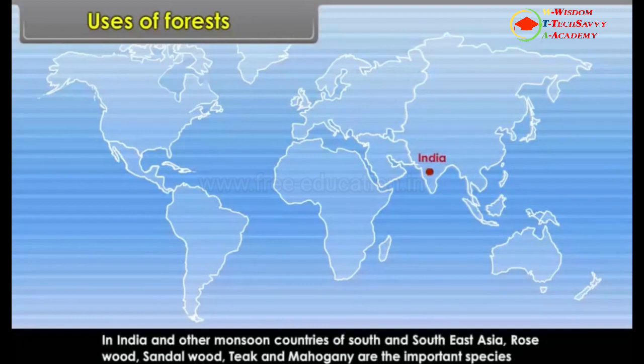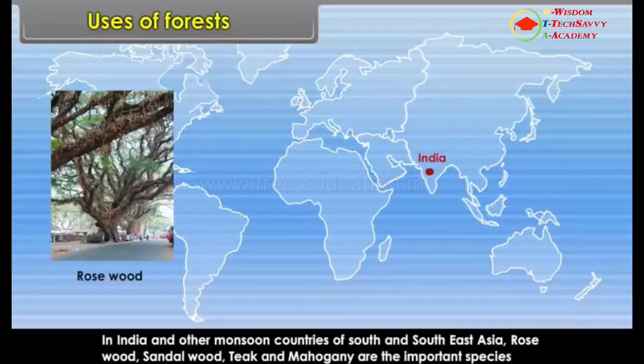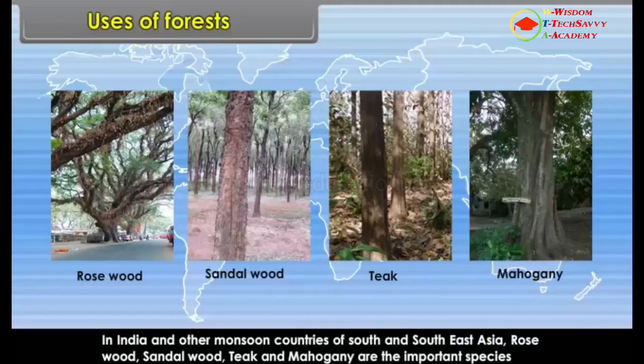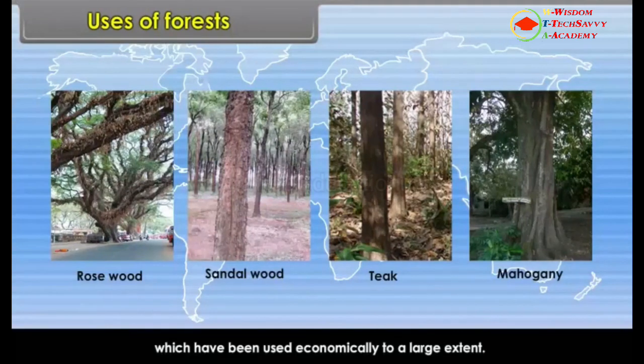In India and other monsoon countries of South and Southeast Asia, rosewood, sandalwood, teak and mahogany are the important species which have been used economically to a large extent.